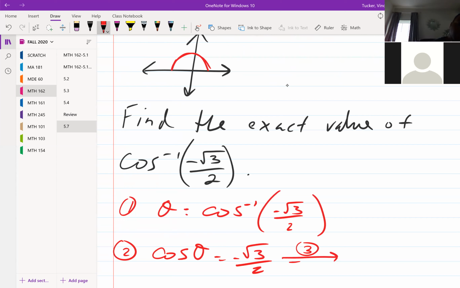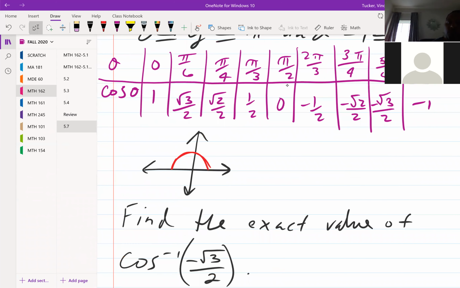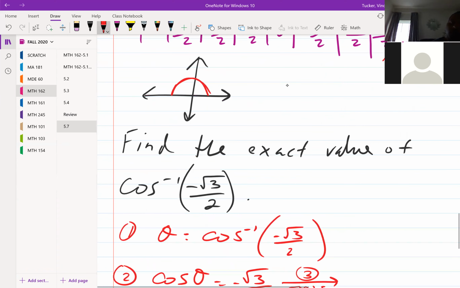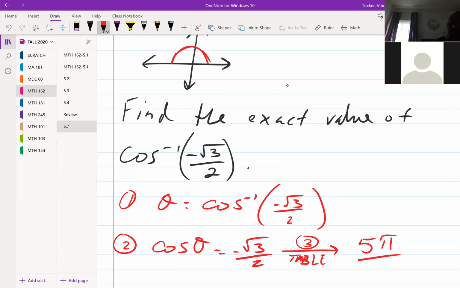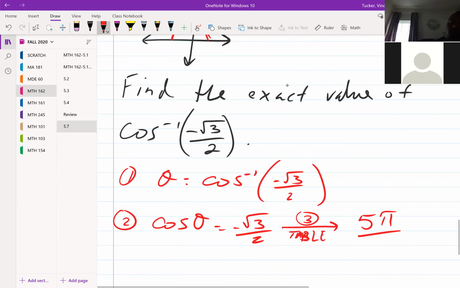Step 3, we look at our table. -√3/2, 5 pi over 4, or 6. Yeah, I said 4, meant 6.